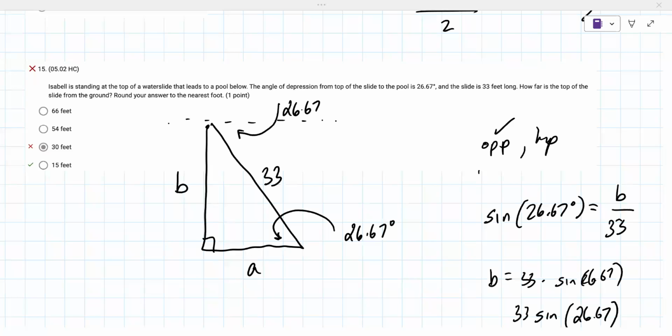Yeah, I got 15. That's the right answer.